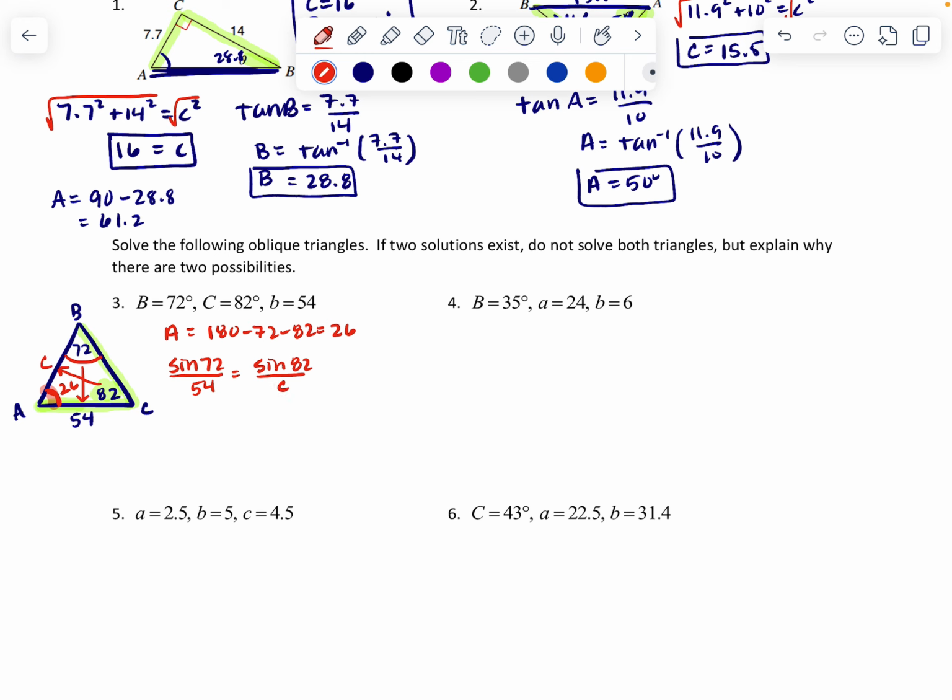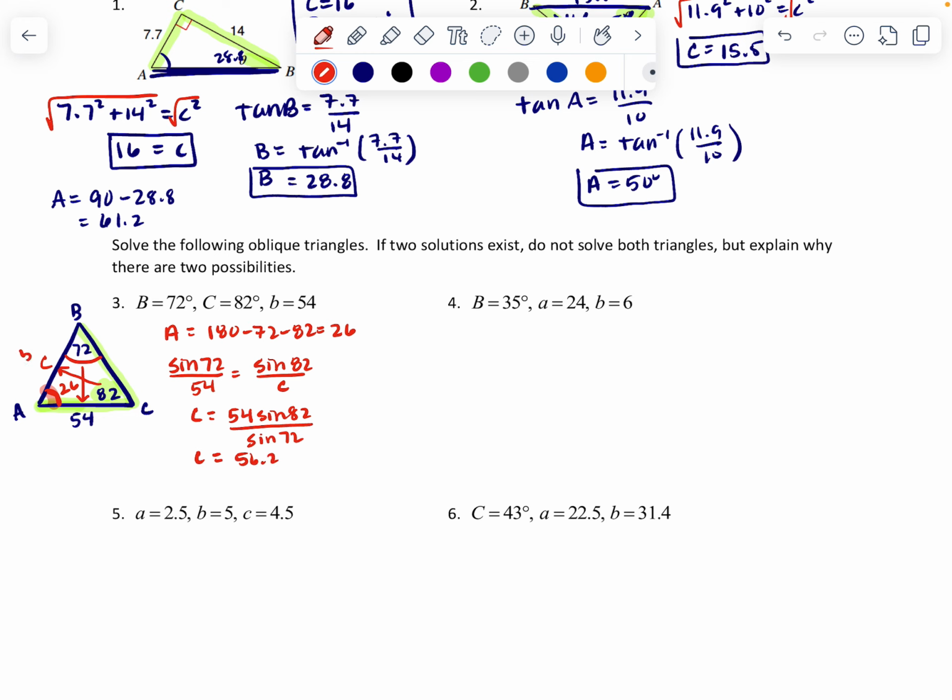I'm just going to cross multiply, 54 sine 82, and then divide by the remaining one, which is the sine of 72. Make sure that you are in degrees, otherwise you're going to get funky answers. So 54 sine of 82 divided by sine of 72. For that, I got about 56.2. So little c is 56.2.